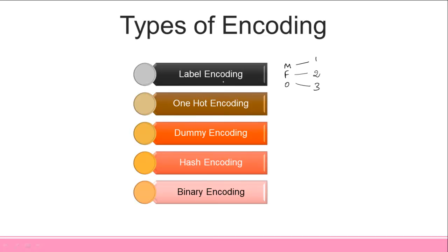This is most useful when the features or the attributes have nominal values. So what is label encoding? Every label in the feature column will be labeled with a particular numeral.